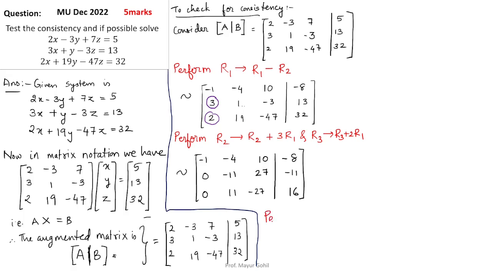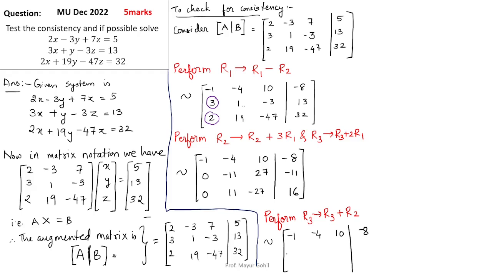Perform R3 changing to R3 plus R2. We will just do this much and let's see what do we get. So here what we get is going to be minus 1, minus 4, 10. The first row remains unchanged.